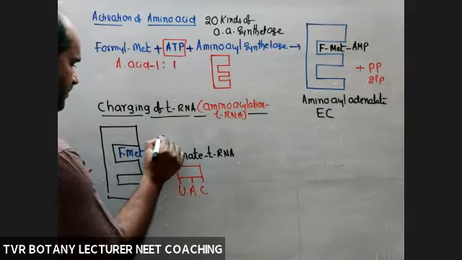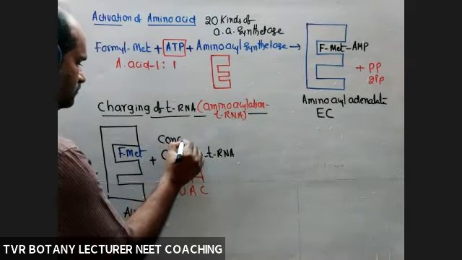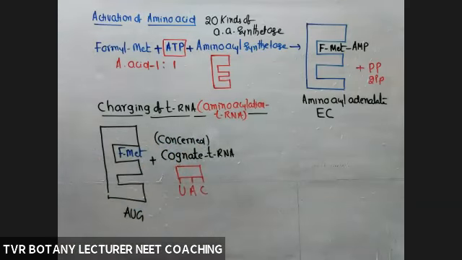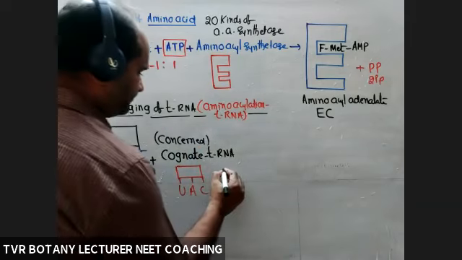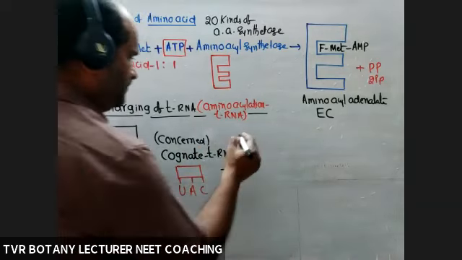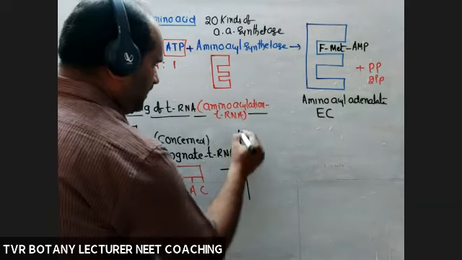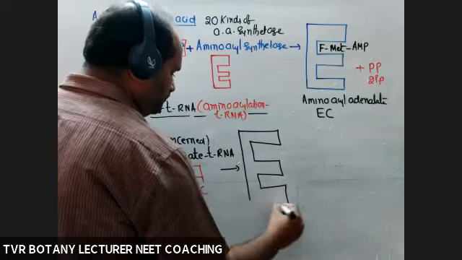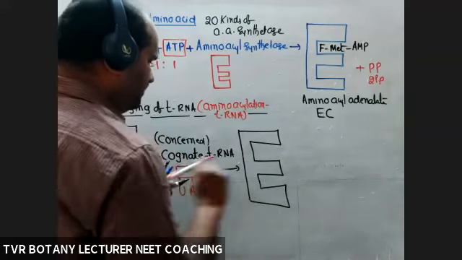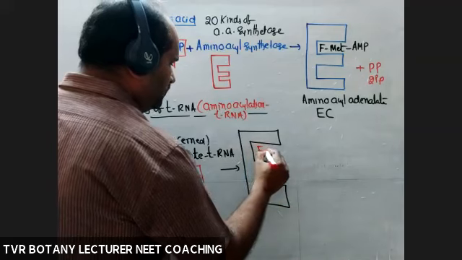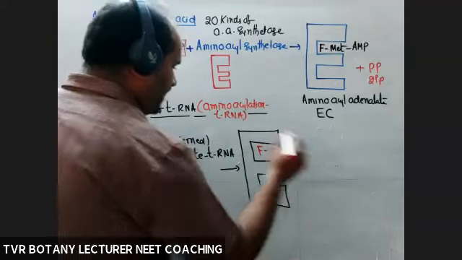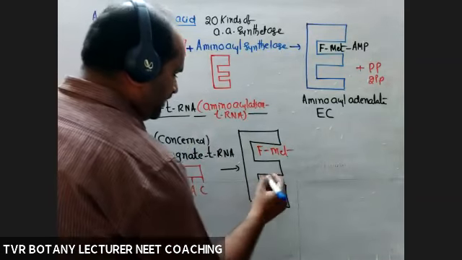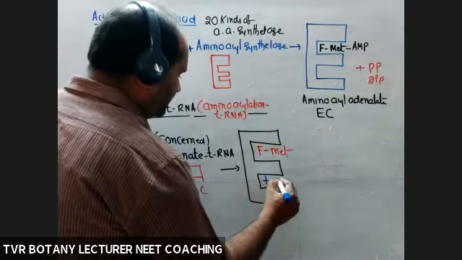Concerned tRNA gives rise to enzyme, formyl methionine. Simple, I'm taking tRNA. Just tRNA, I'm giving the concerned tRNA.